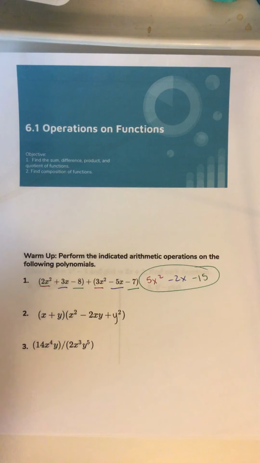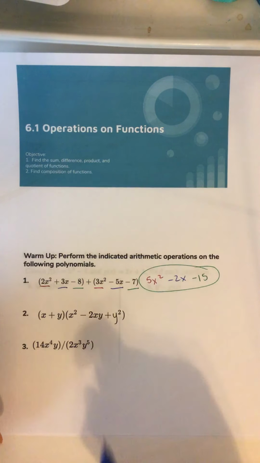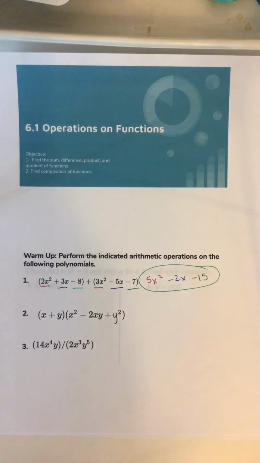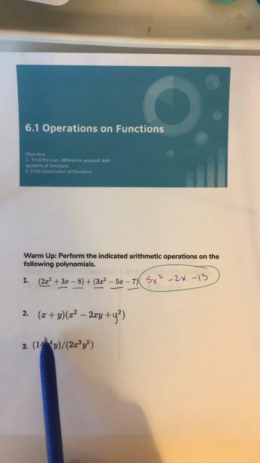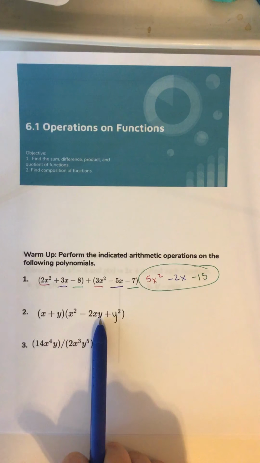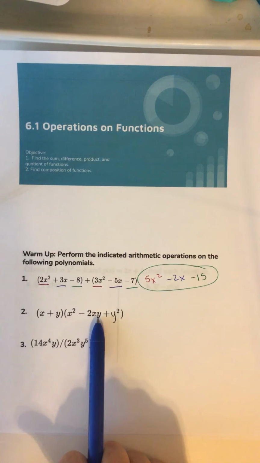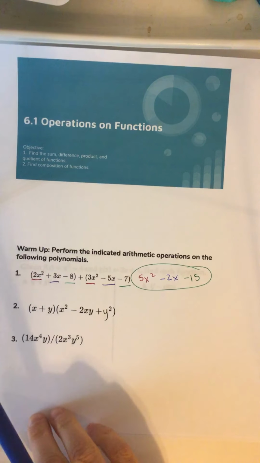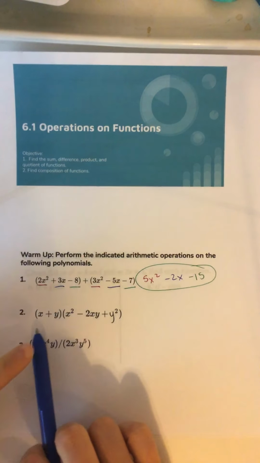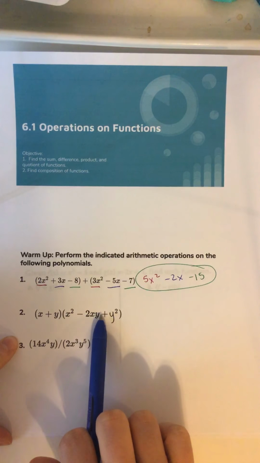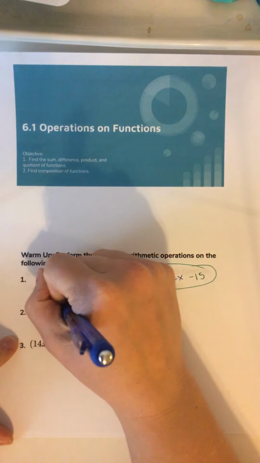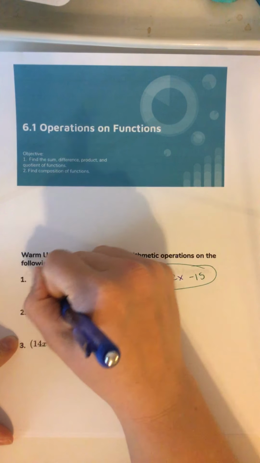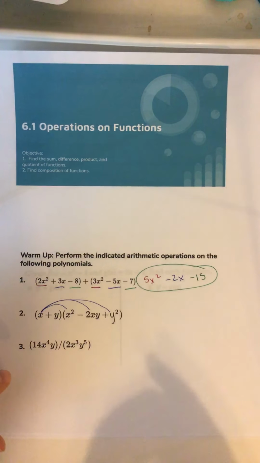Hopefully you guys remember doing this. So we're going to move right along. Number 2, we're multiplying a binomial times a trinomial. And this is basically kind of like extreme FOILing. Everything in this polynomial needs to be multiplied by everything in that polynomial. So basically we can think of multiplying this x by everything first, and then we'll do the y.